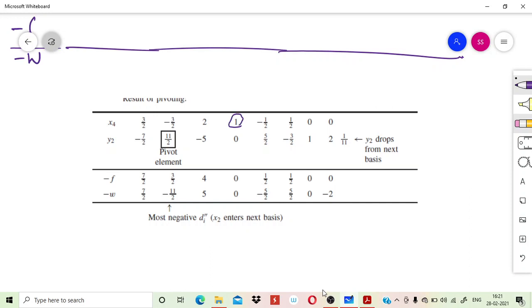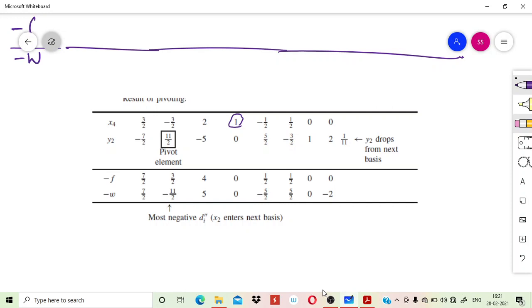The pivot column is this, and the pivot position remains unity, and all other entries are made zero by row operations that we have already discussed. After all the row operations, the table looks like this.